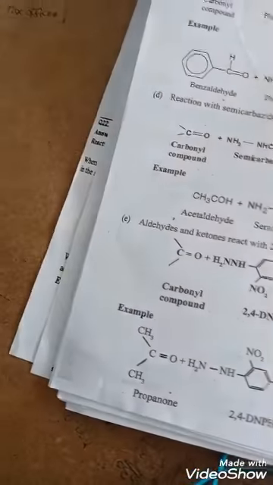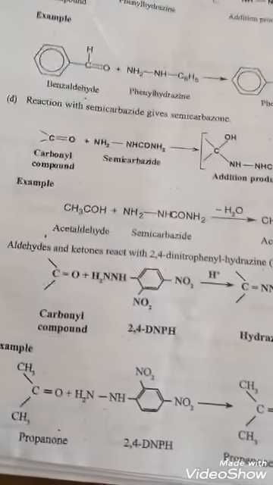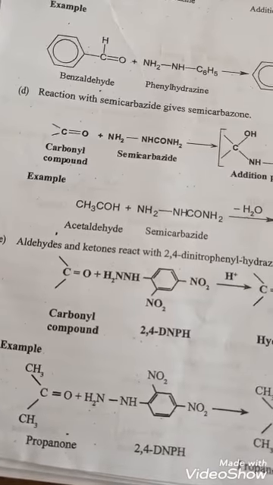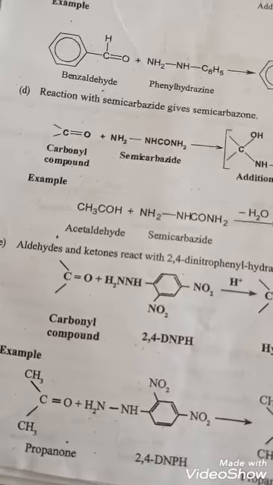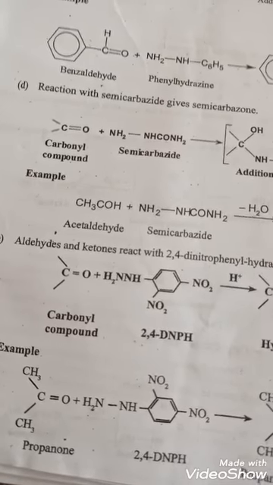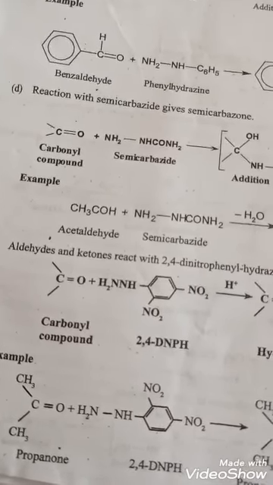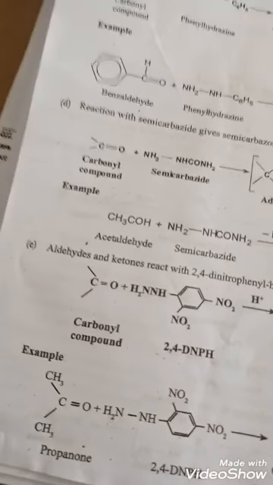Next, the reaction with semicarbazide gives semicarbazone. The carbonyl C=O plus NH2NHCONH2, which is semicarbazide, gives an addition product.